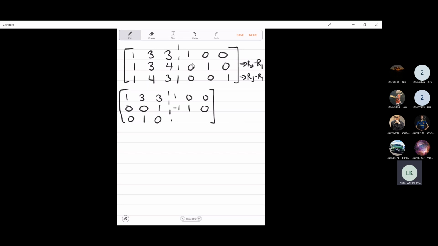Then 0 minus 1 is minus 1. Then 0 minus 0 is 0, and then 1 minus 0 is 1. Then I need to make these two zeros.